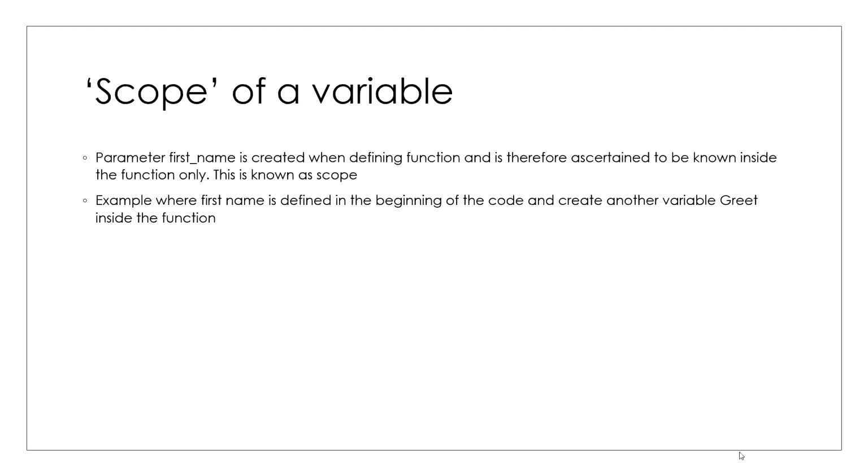This variable is confined to the body of the function only. It is called the scope of the variable. Example where first name is defined in the beginning of the code and create another variable greet inside the function. Let's do it in the command prompt now.